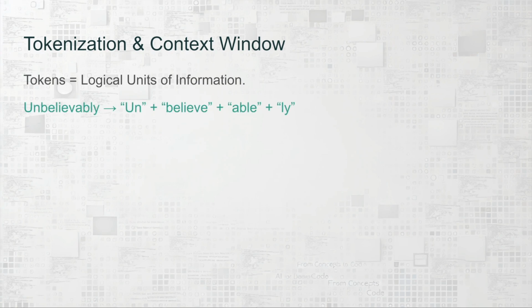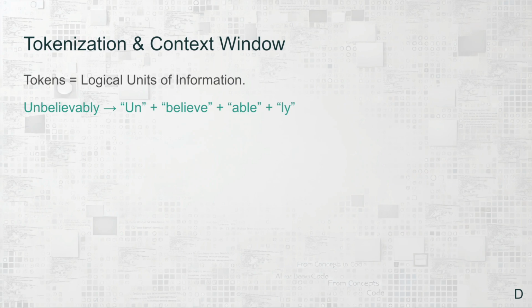Take this word, for example, unbelievably. It's actually made up of several tokens, and these are multiple concepts that merged into one word over time. The goal of an LLM is to work with the meaning of words, not their exact form. That's why every word, even punctuation, gets broken down into tokens.